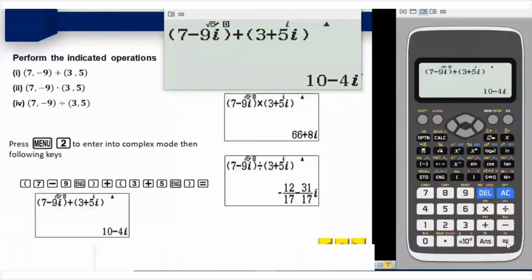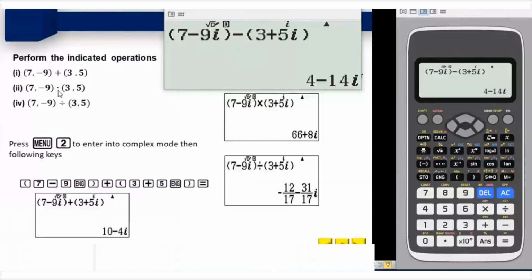Then if, let's say, this would have been 7 minus 9 iota minus, all I need to do is change the sign here and my answer now will be 4 minus 14 iota. I hope everyone is following me. If on the other hand there is a dot here where my cursor is, this dot means multiply.